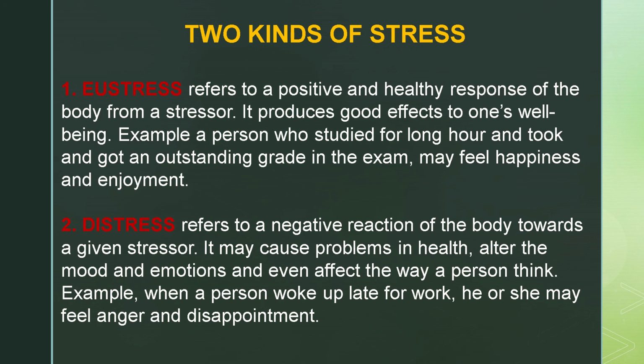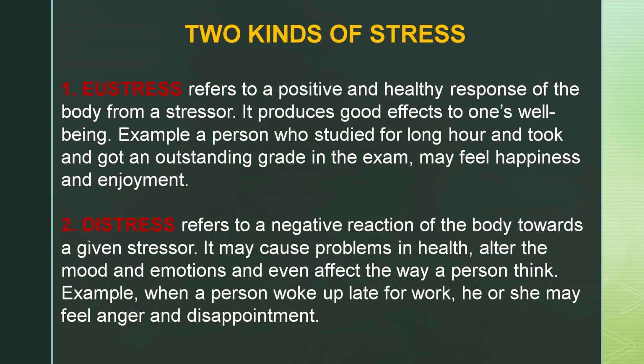Next, the distress. Of course, this one is the contrast of eustress. Distress refers to a negative reaction of the body towards a given stressor. It may cause problems in health, alter the mood and emotions, and even affect the way a person thinks. So this one is the very wrong stress.